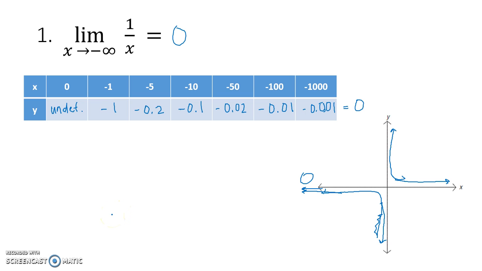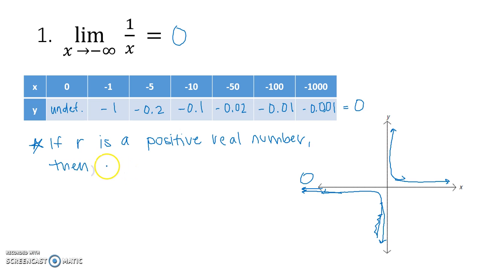All right, a few rules to look at. If you look at this one, we have this fun rule for limits that says if r is a positive real number, then the limit as x approaches infinity of 1 over x to the r, so x to the first, second, third, any positive real number there, is going to be 0.